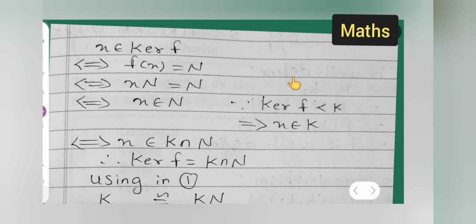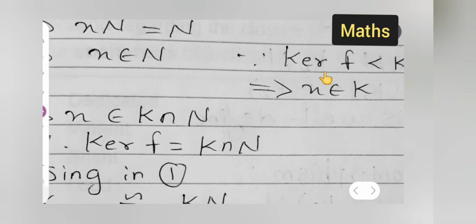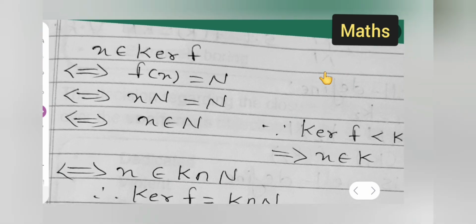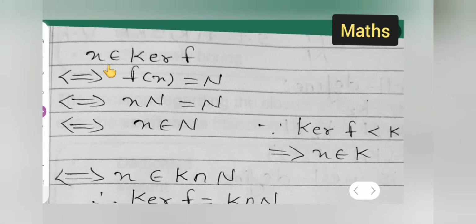So what we need to do is, we take the element over here first. Take the element x which belongs to kernel of f. Now this implies that f of x is equal to N. Now f of x is nothing but what?